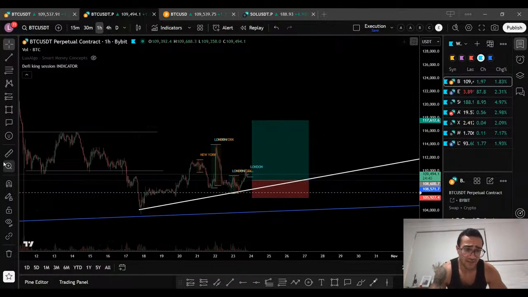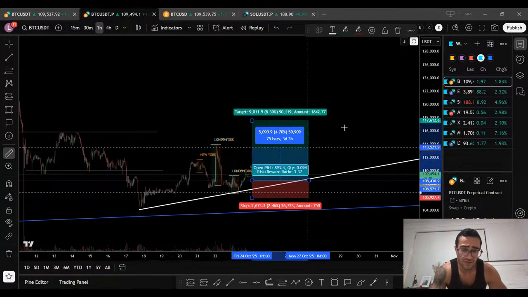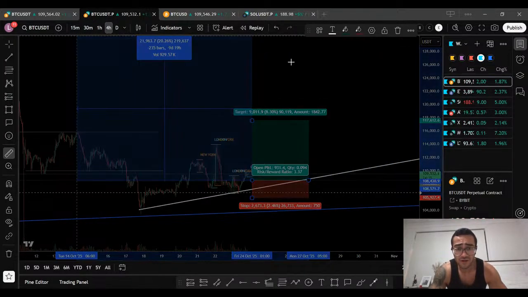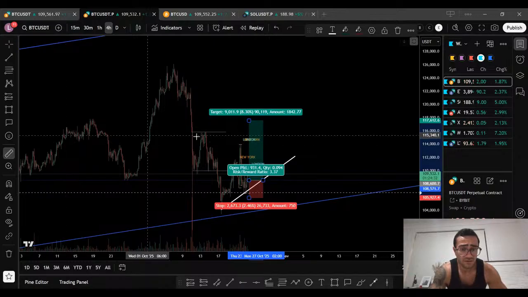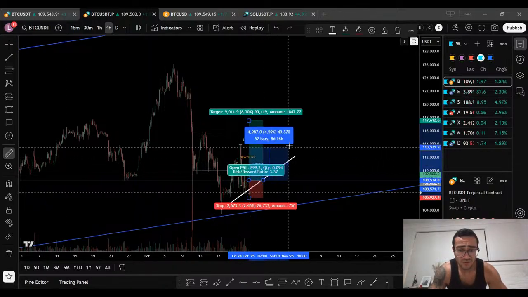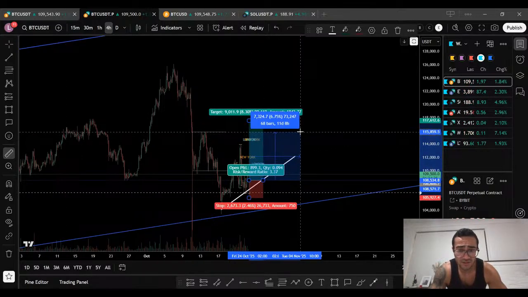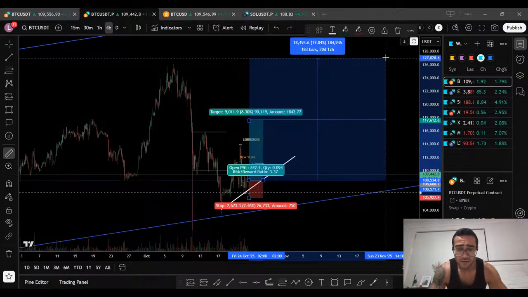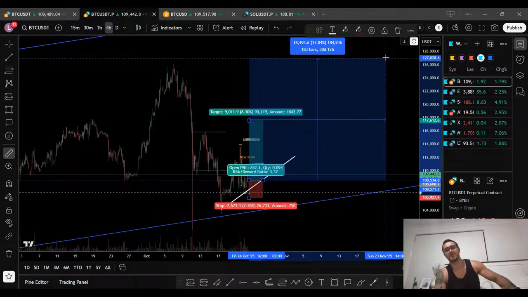So how many days would that be from today, 7 days, let's go to 4 hour. So how many, that there is 30 days from now, the end of November, you're looking at a 17%, which would actually push it to 127 grand.